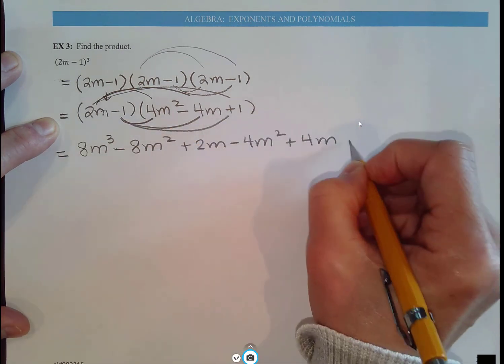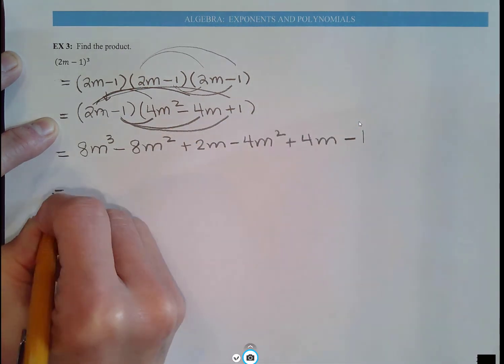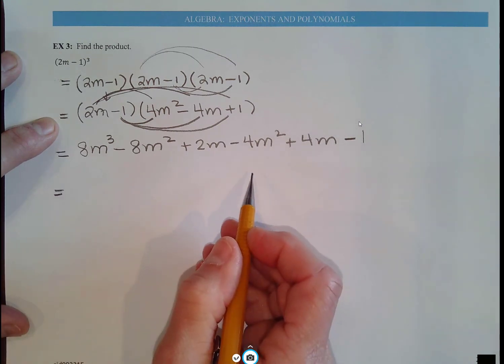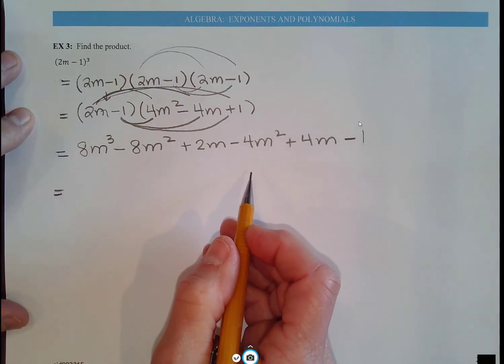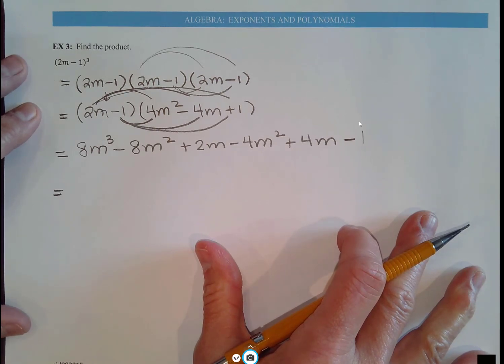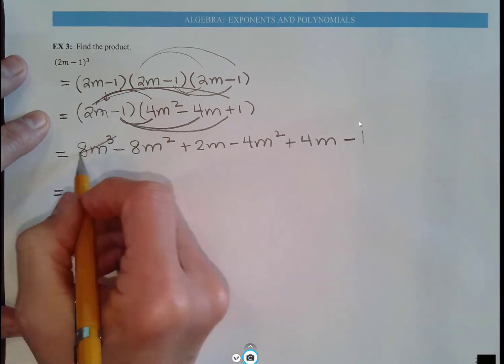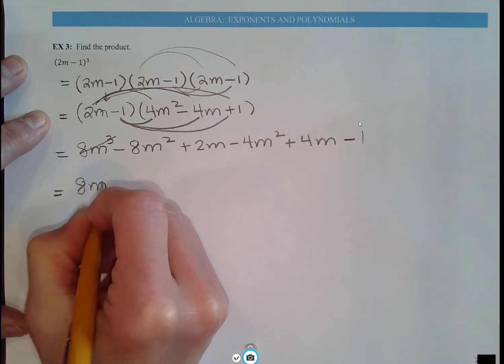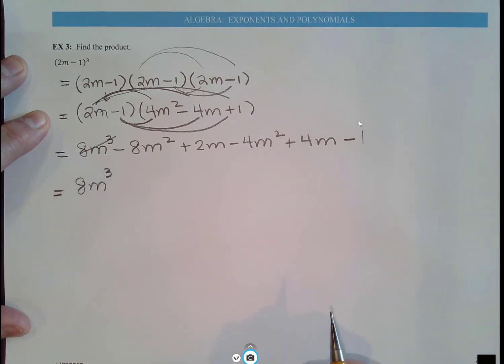And lastly, minus 1. Now, as a last step, we'll combine any like terms, and it is common practice to write your terms in decreasing degree order. So let's write 8m to the third as our first term. It's of the highest degree.